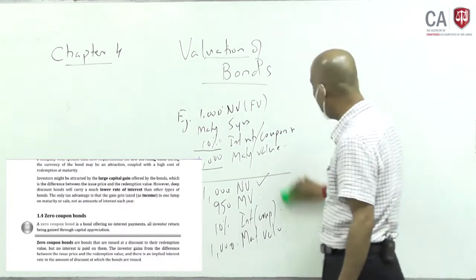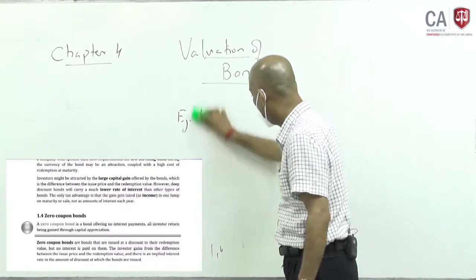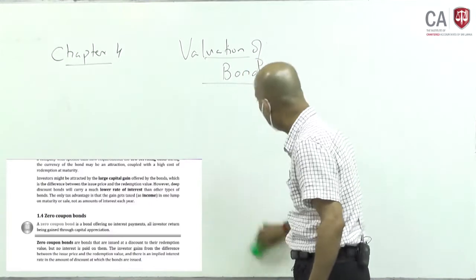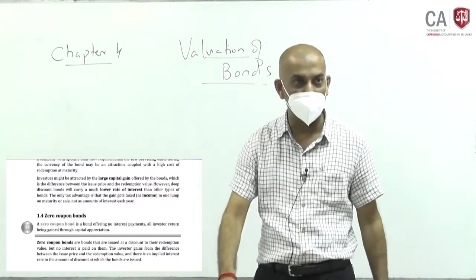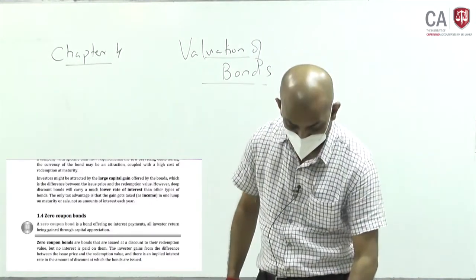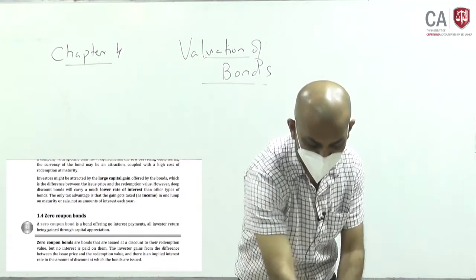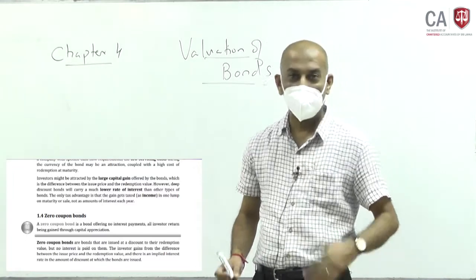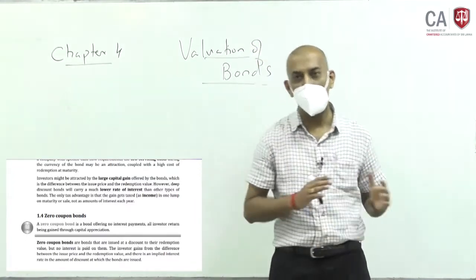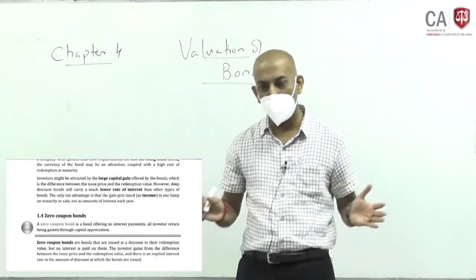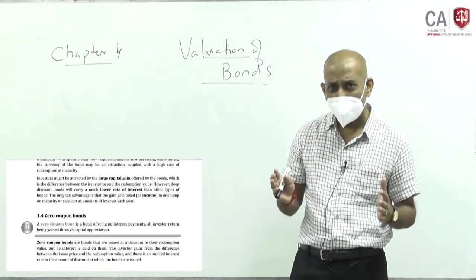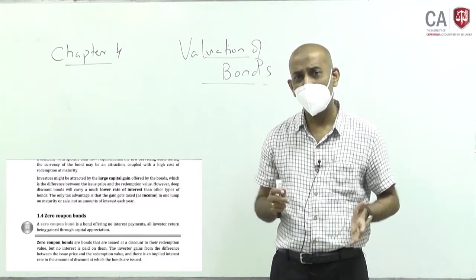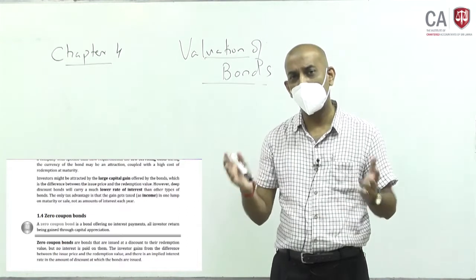How this yield and interest rate varies. Yield and coupon rate. Coupon rate is the rate on the face. So zero coupon bond means there is no coupon, but you will get the return at maturity.